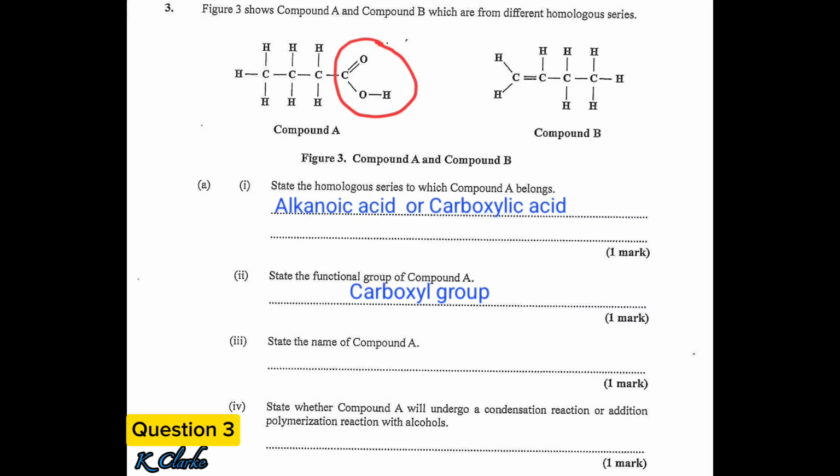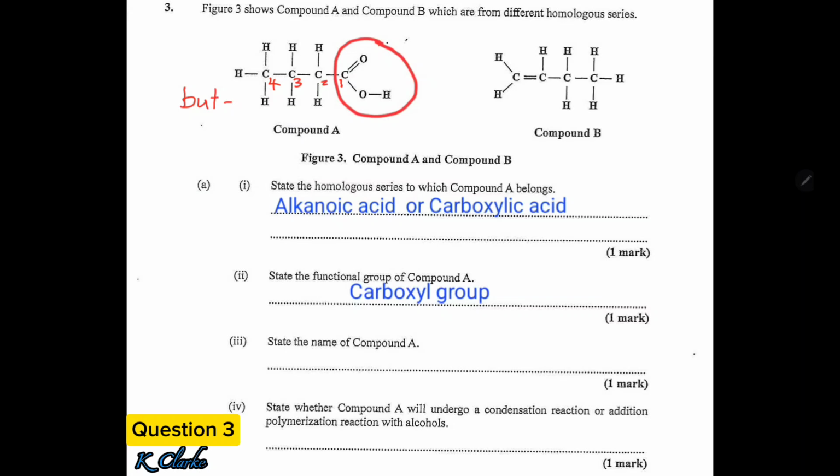Part 3. State the name of compound A. First, number the carbons starting from the functional group 1, 2, 3, 4. So since there are 4 carbons, the prefix is but.